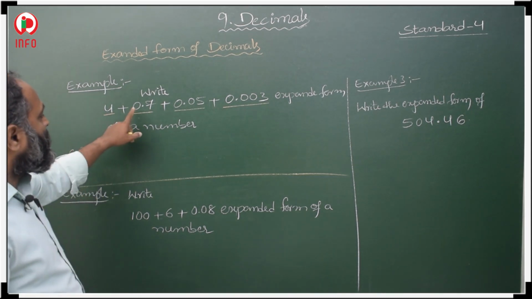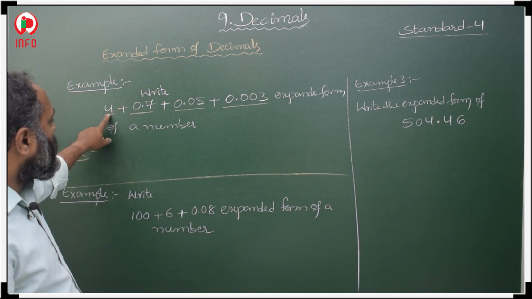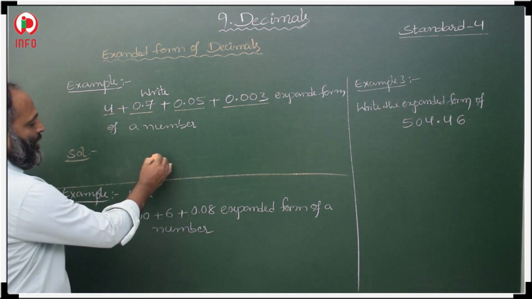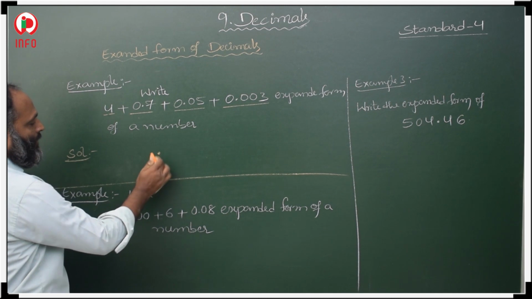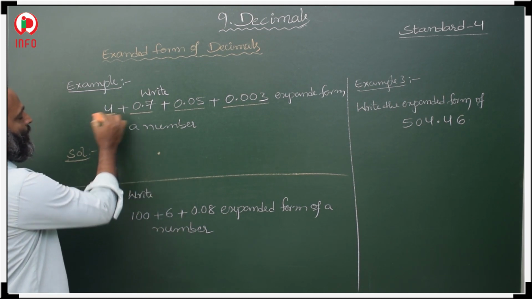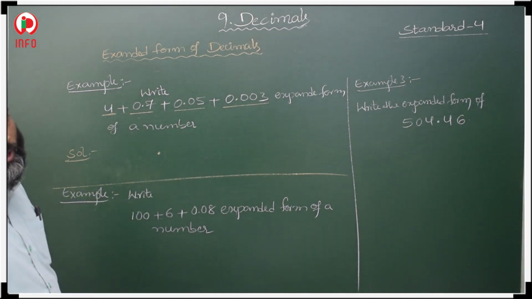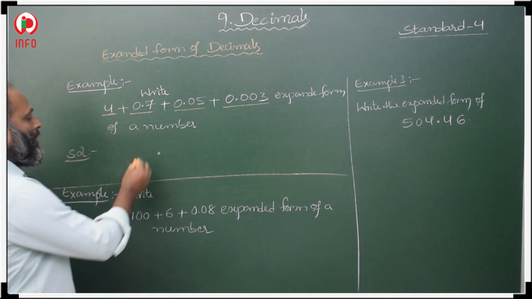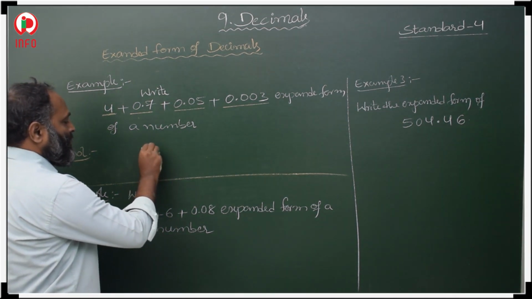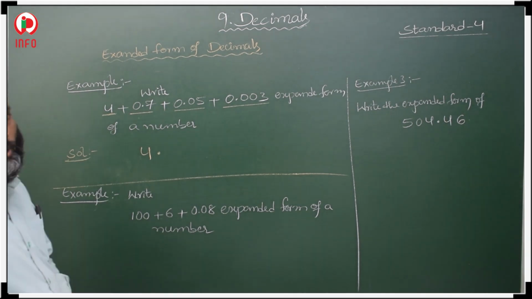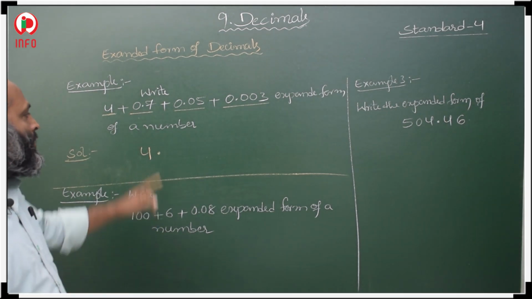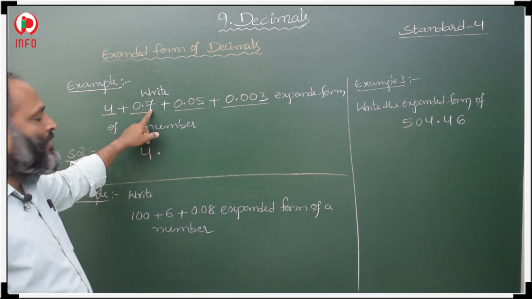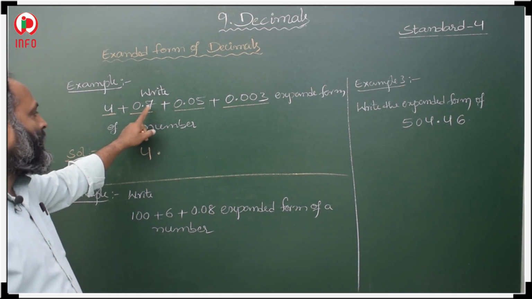How to write in decimal form? Here the decimal number starts from here. Before that, first you take a decimal point here. It is 4 ones. 4 is a single digit number, so 4 ones means units place. 4 we have to write in units place. After the decimal, this is the first number. It is 7 tenths.